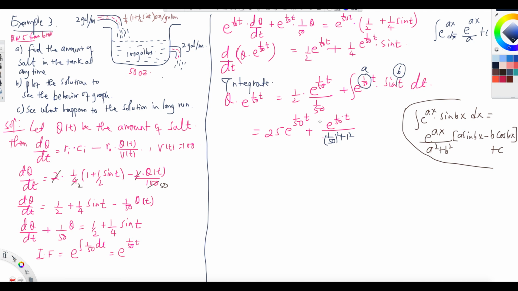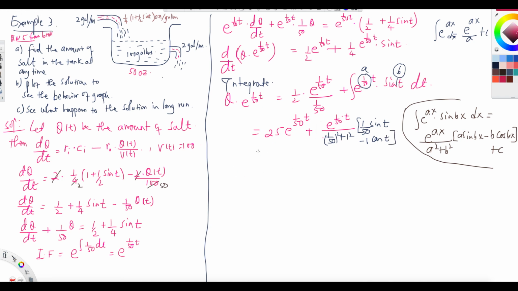This is e to the ax over a square plus b square, and then bracket a sine bx. That will be 1/50 sine bx, which will be just t, instead of x there is t, right? And then minus b, which is 1, cosine bx, also t. That's what you get, right?